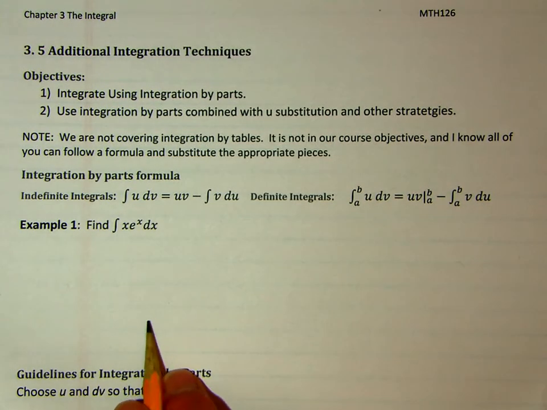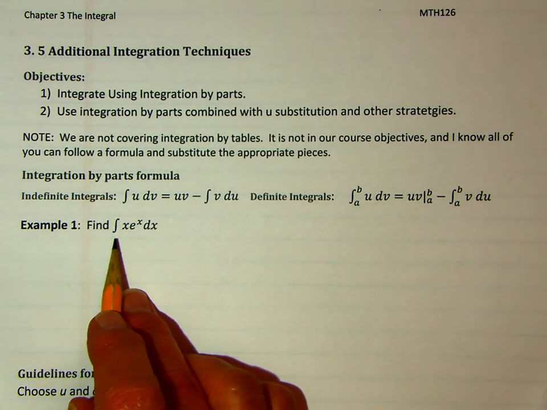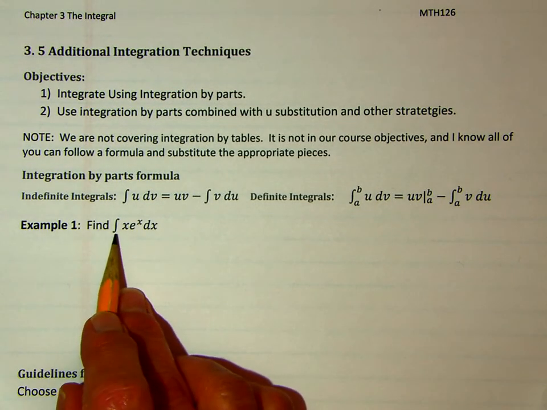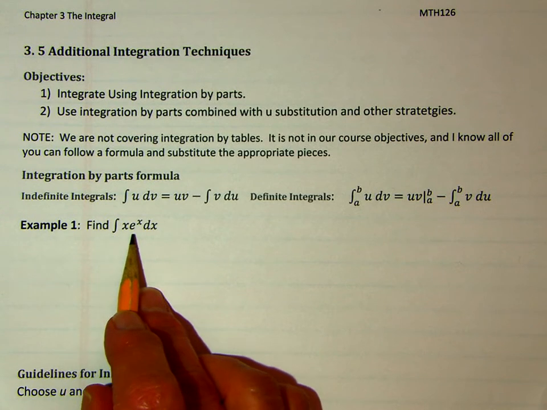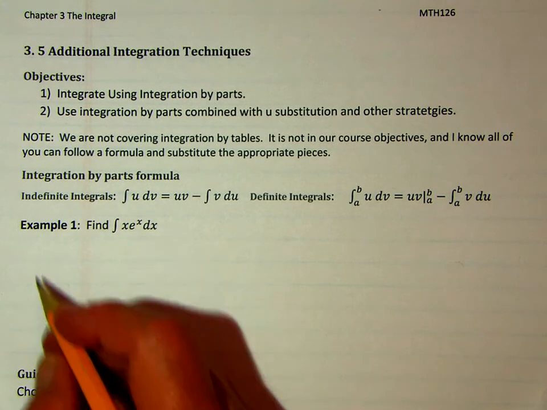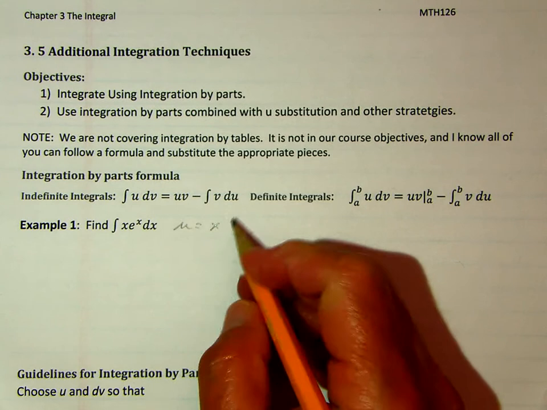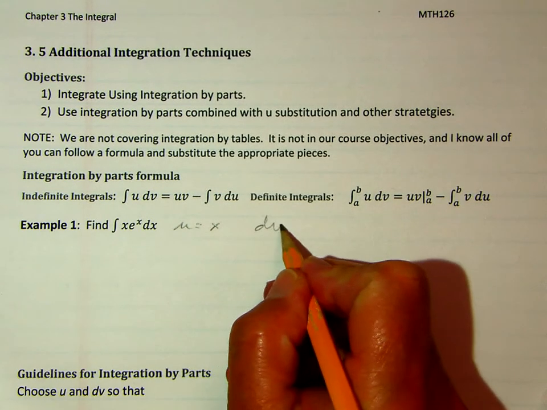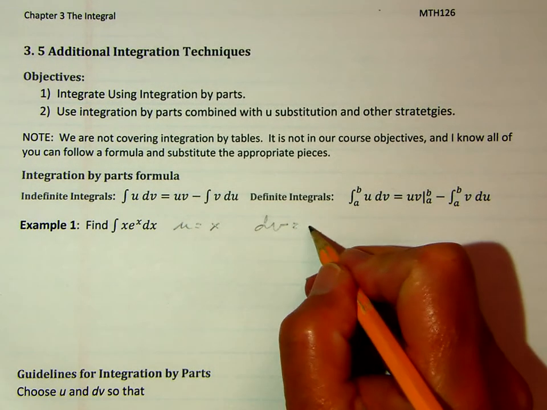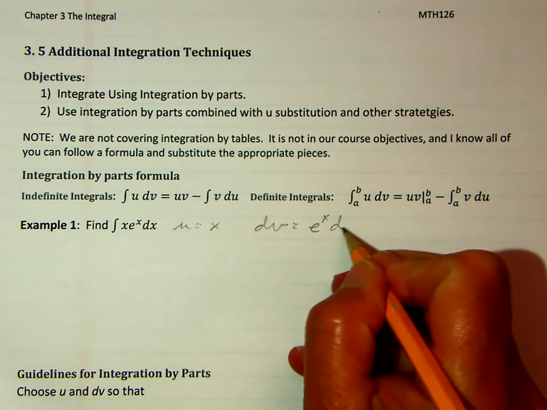So let's do an example. When I look at this integral here, frequently if I see an e in there, I put it in the dv part. So I'm going to let u equal x and dv equal e to the x dx.